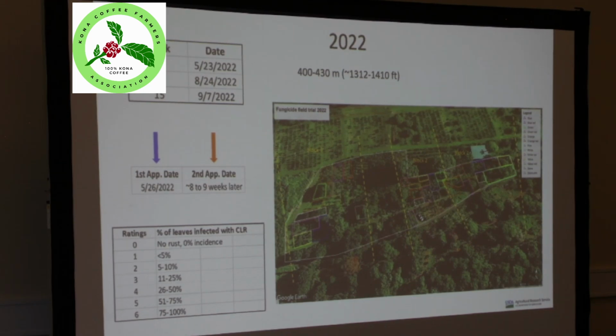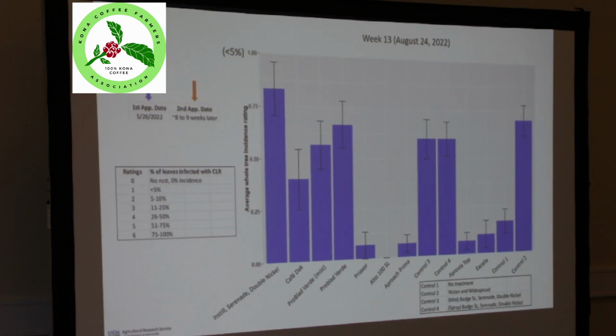So instead of just picking a few branches, high, mid, low branches, we actually did observations on the entire tree to get ratings. Rating 0 being there's no rust. A rating of 1 is less than 5%, and you can see 2, 5 to 10, and it goes up from there.